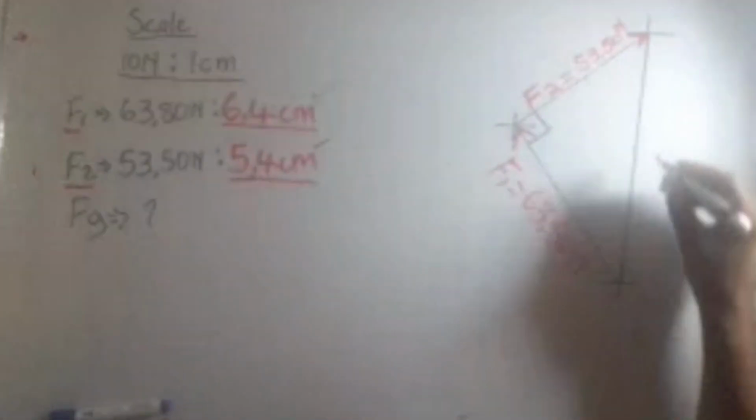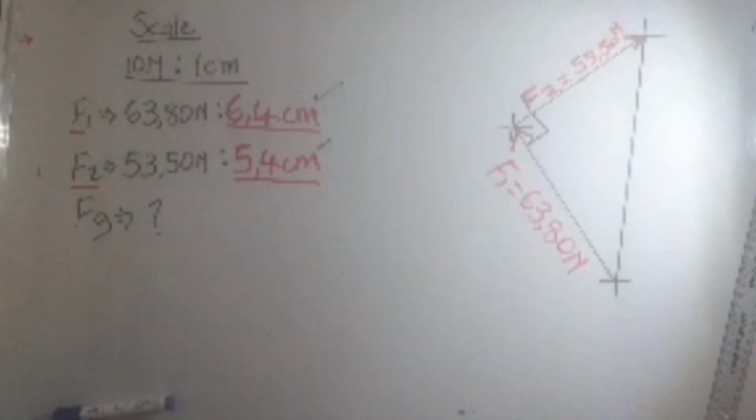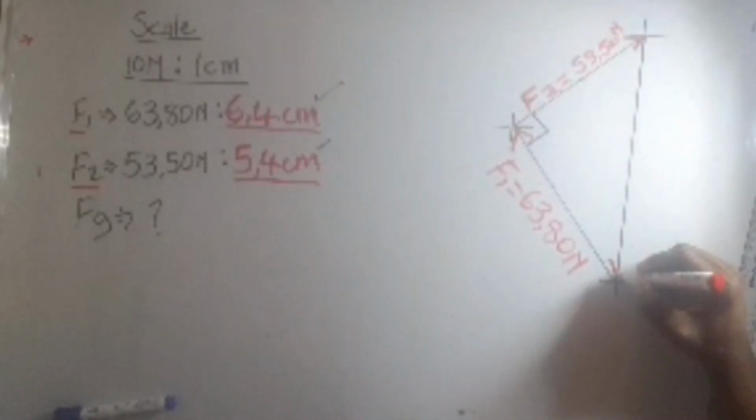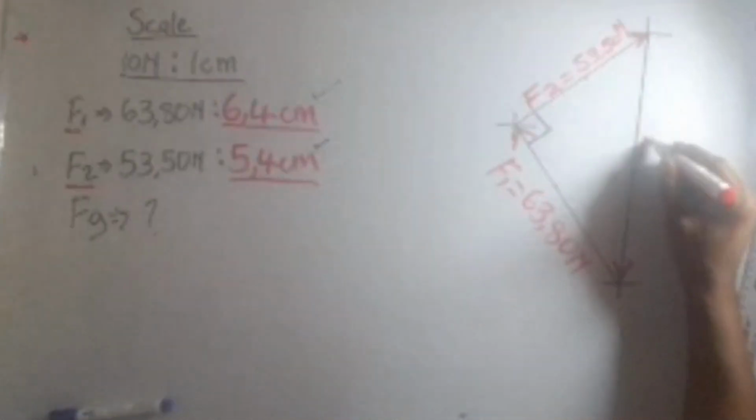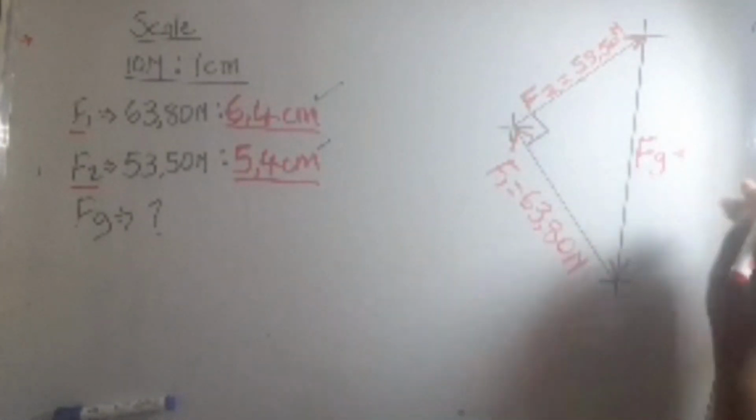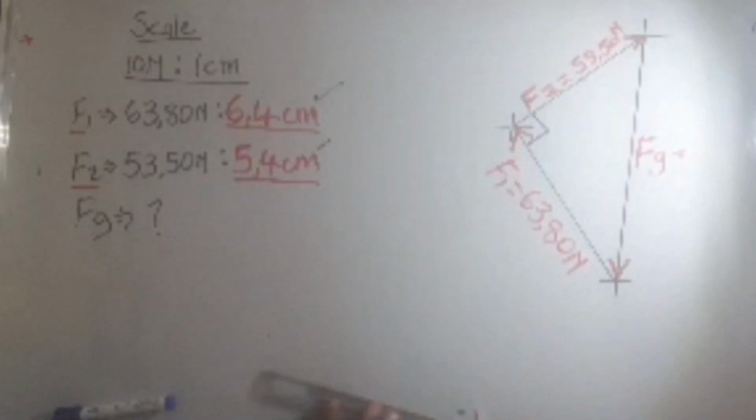Yeah, so this is 90 degrees. So now this becomes your FG, which you can measure with your ruler and then you can convert it back to newtons.